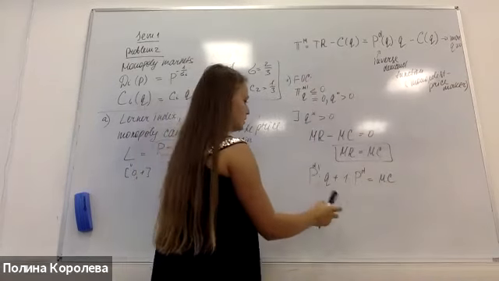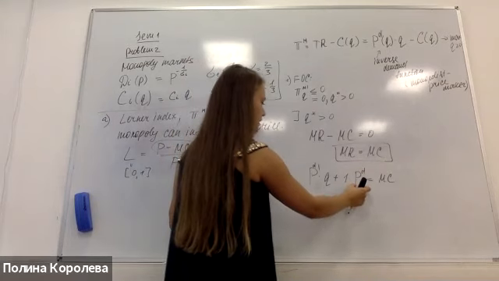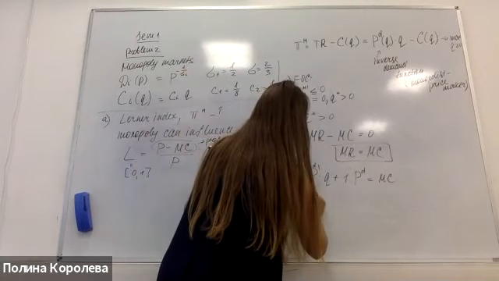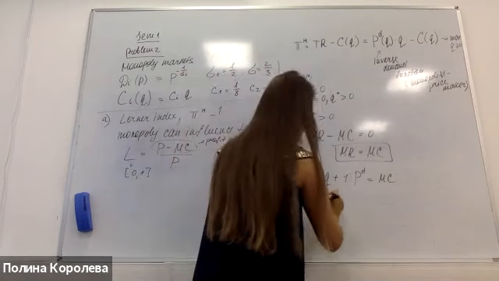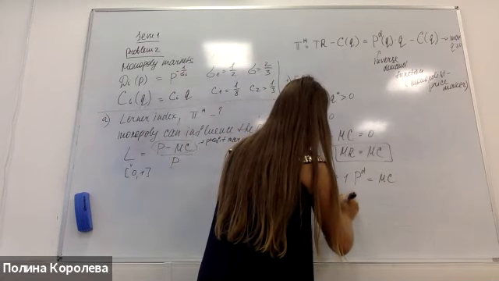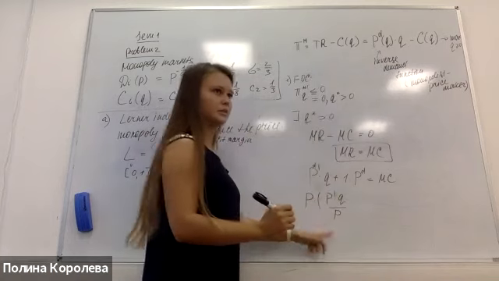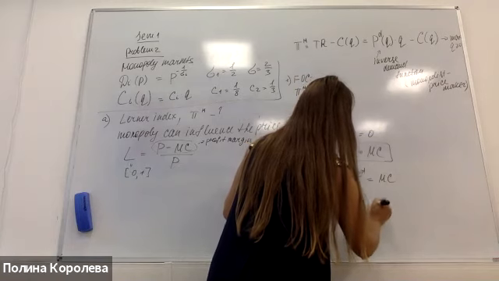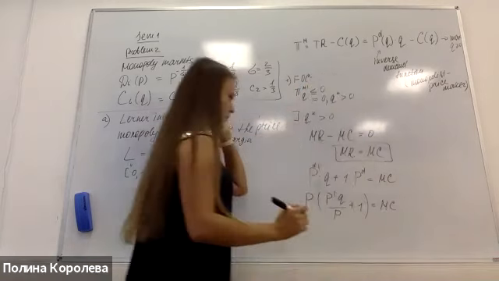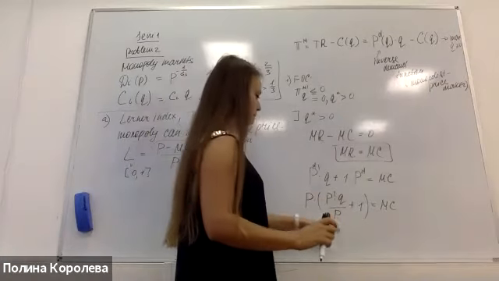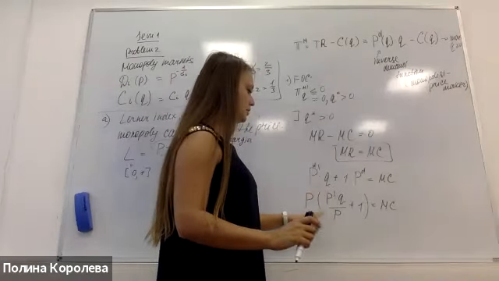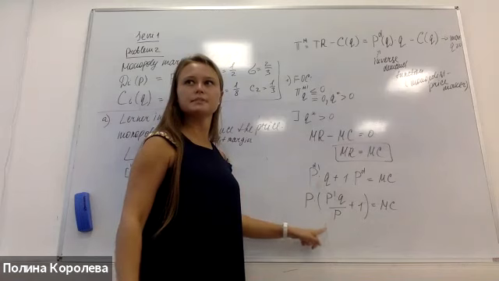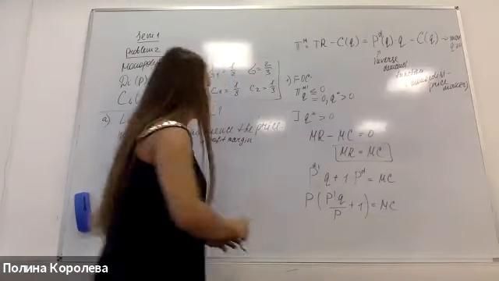Here, let's take price and move it out of brackets. In brackets, we see P prime multiplied by Q divided by price, plus 1, is equal to marginal cost. This is something similar to elasticity. But what do we know about elasticity?